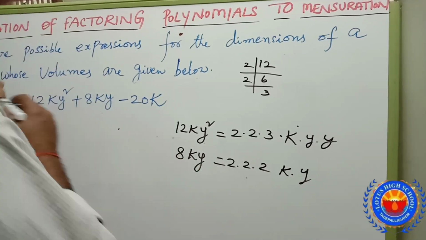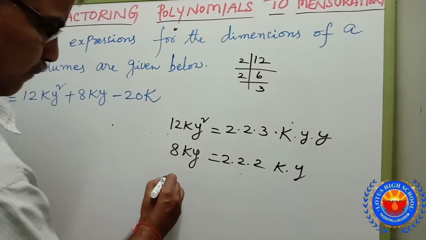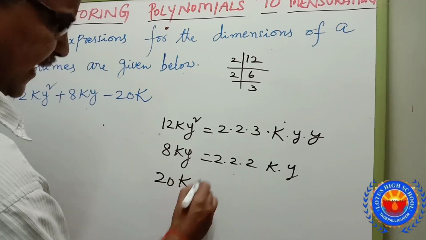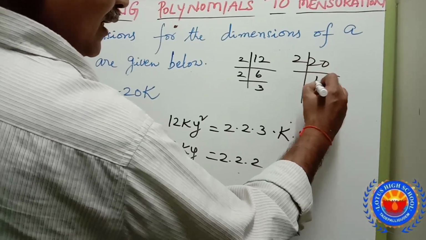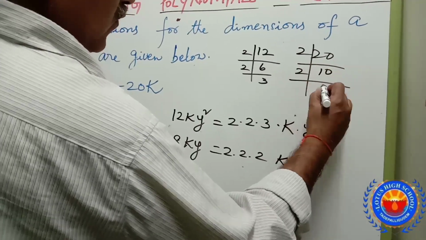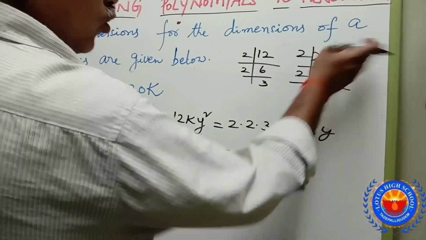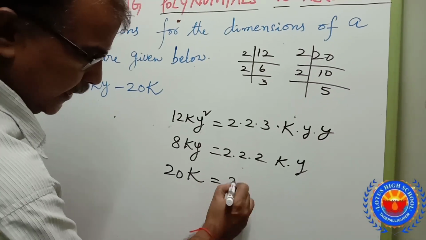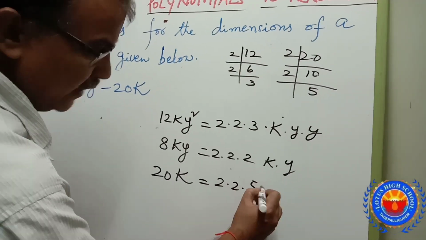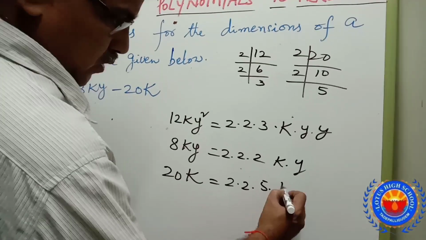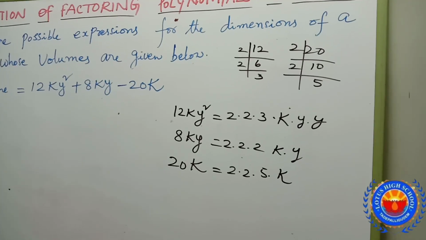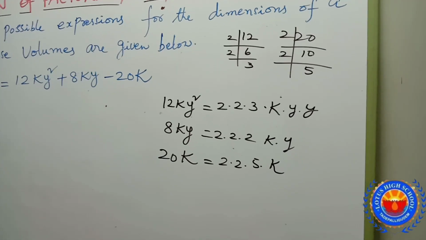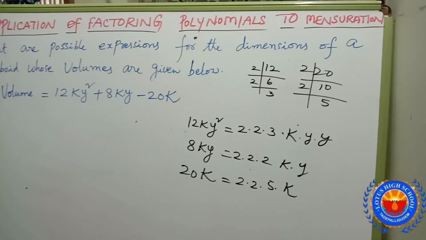One more is there, 20k: prime factorization, 2 into 5 into 2 into k. This is the highest common factor method.